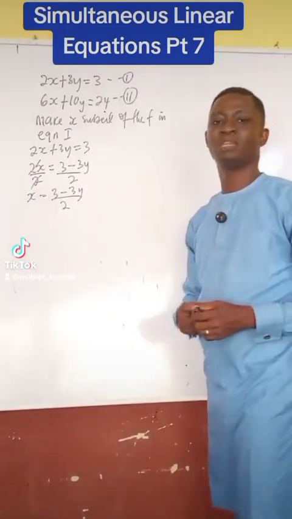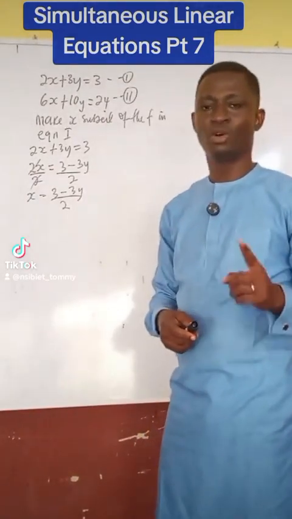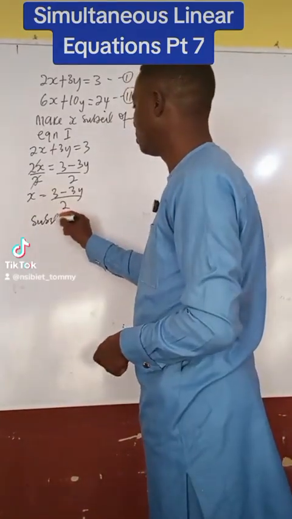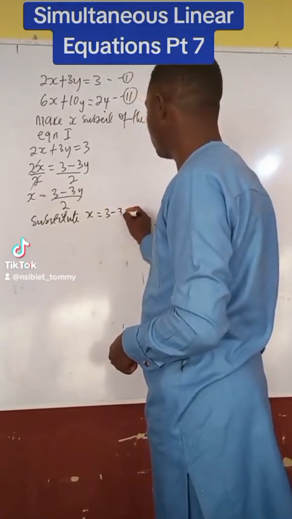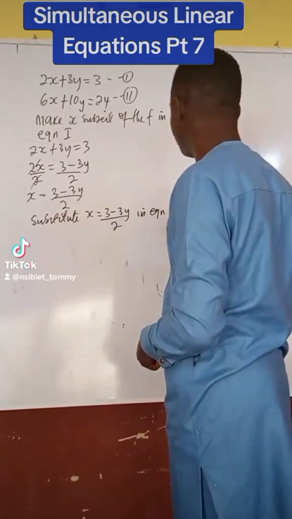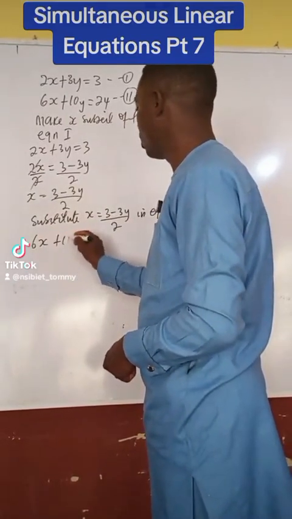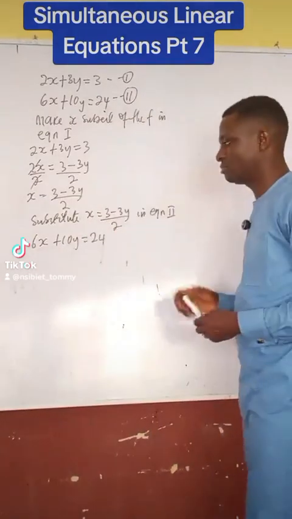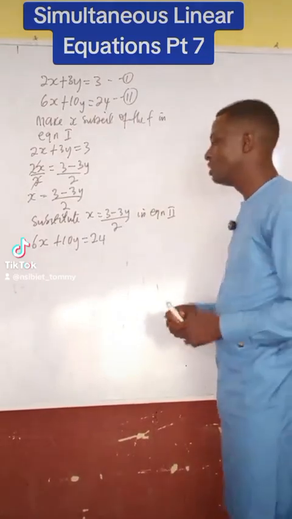So what is the next thing, if you have been following the class? Can someone tell me? Okay, the next thing is to substitute x is equal to (3 minus 3y) all over 2 in equation 2. Equation 2 is 6x plus 10y equals 24.